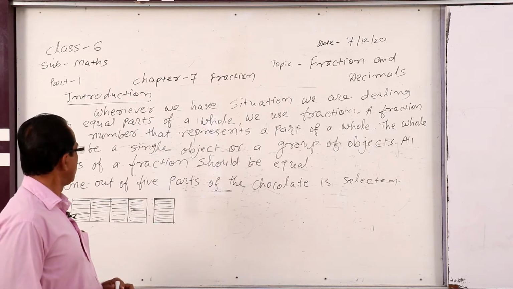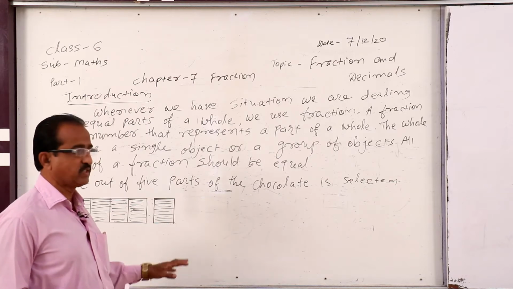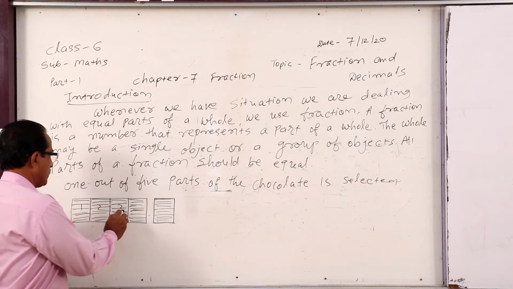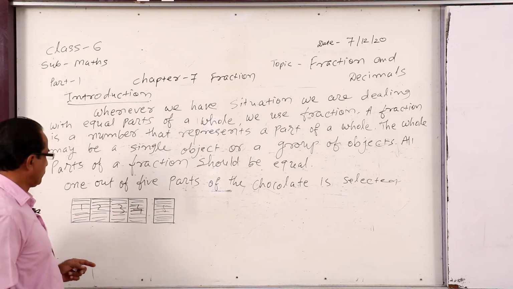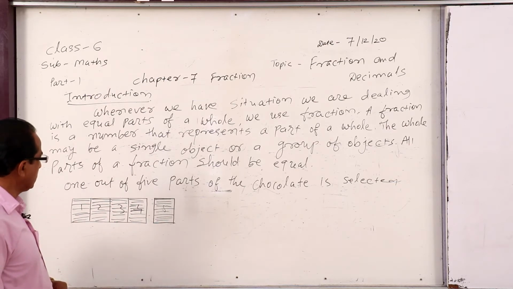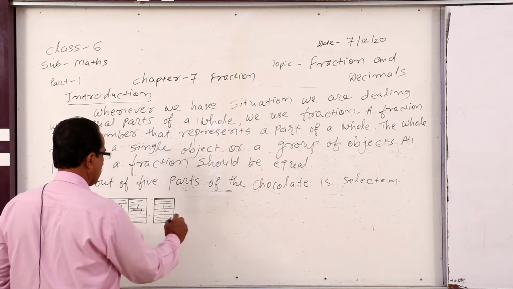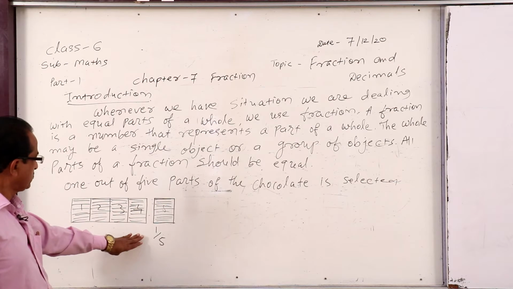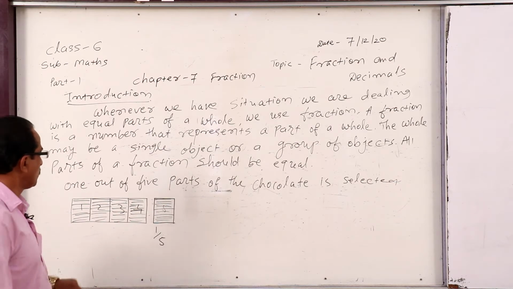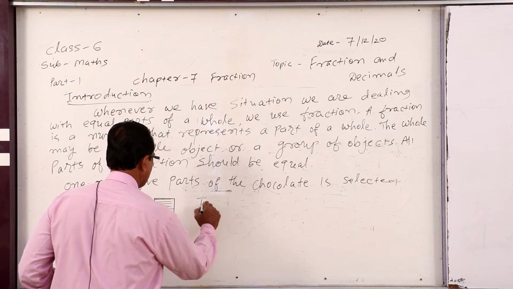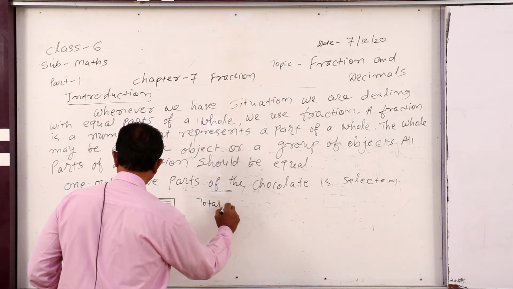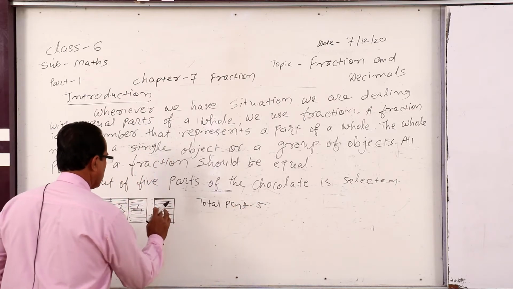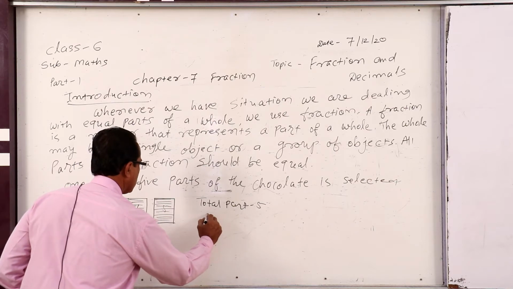1 out of 5 parts of the chocolate is selected. Here we see 1, 2, 3, 4 and 5 parts. So how do we write this? 1 upon 5. This is the fraction. Total parts 5. Here I select one part.